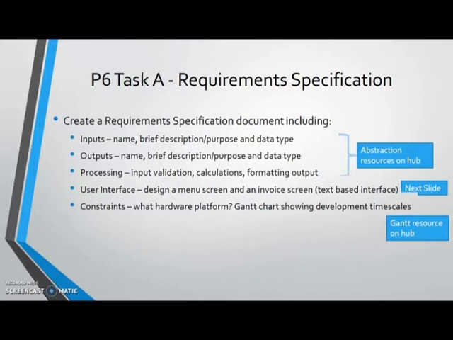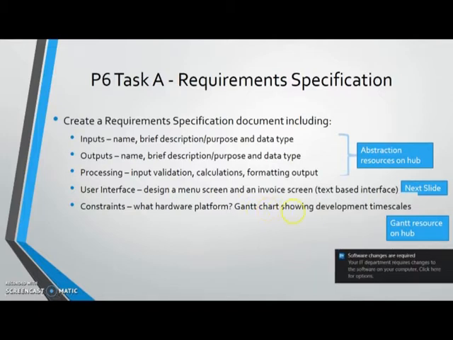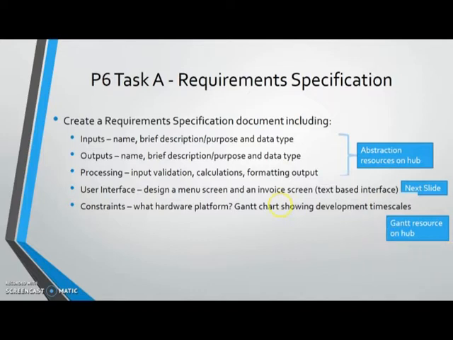With that, obviously, you'll have a monitor, keyboard, and just the basic peripheral devices. That's all that needs to be, a couple of sentences just saying what hardware platform you're going to run the program on. And then you're going to create a Gantt chart showing the development time scales. This is very similar to what you did in the systems analysis and design, where you created Gantt charts for that project.